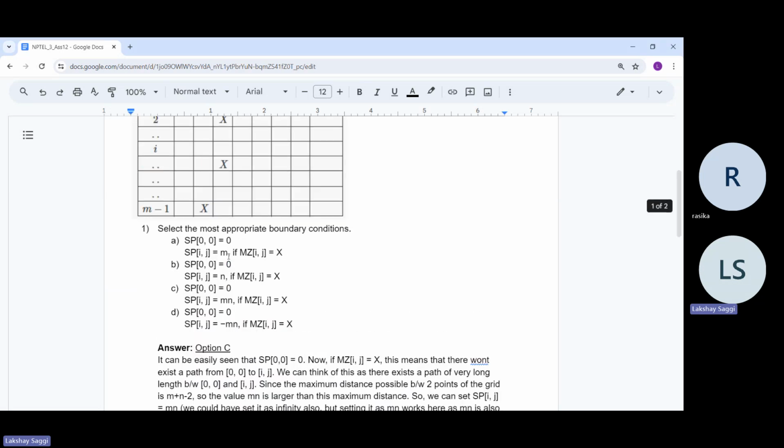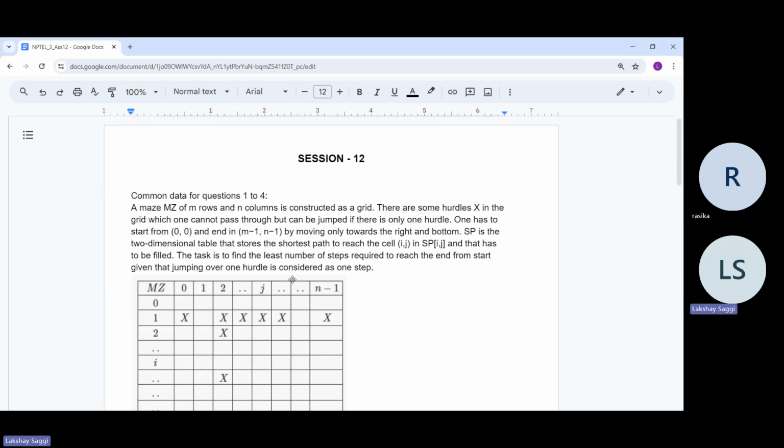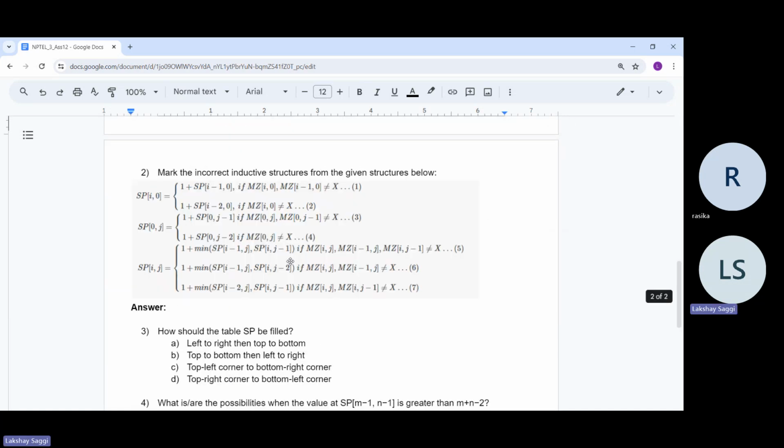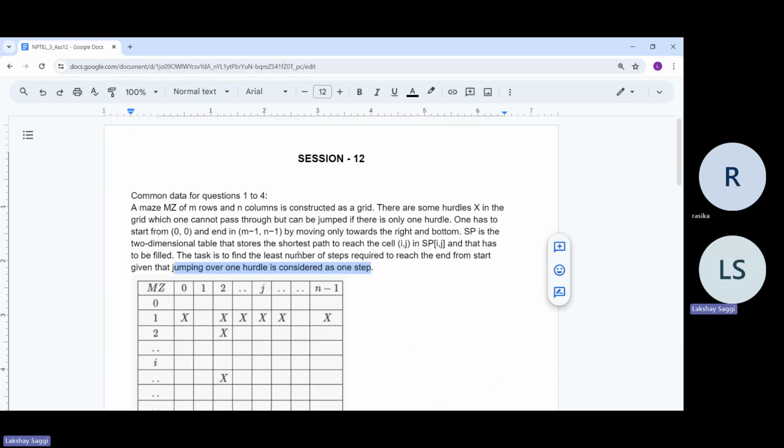But note that we are not interested in the exact number of steps, but we are interested in this thing, that jumping over one hurdle is considered as one step. And there is no hurdle at i-1. So we don't need to jump. So we just need to count the number of jumps. We don't need to count the number of steps.